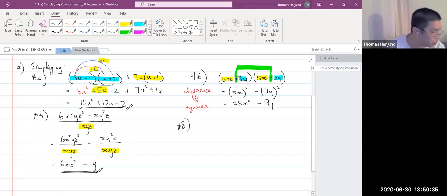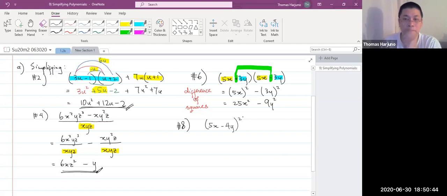Okay, number 8, on the other hand, is slightly different. Number 8, we have (5x minus 4y) squared. This is the perfect square case. As I mentioned yesterday, for perfect square case, you need to remember the pattern. You can FOIL that, don't get me wrong, but if you do the long way for every problem, eventually you don't have enough time during your test.